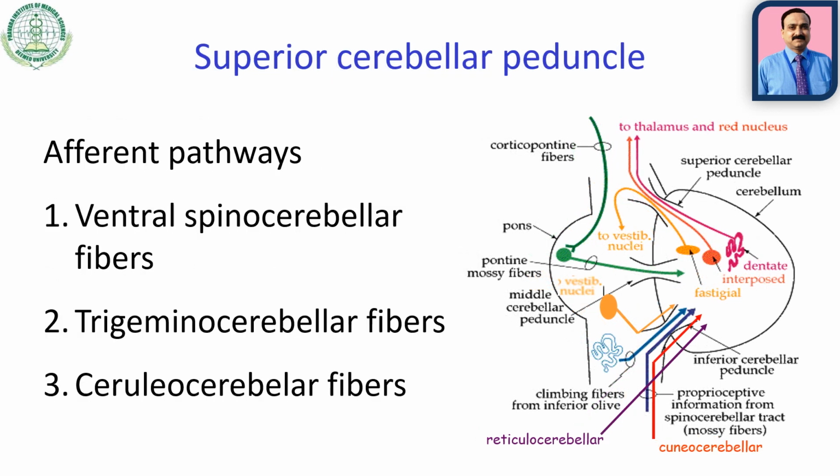The afferent pathways present in the superior cerebellar peduncle are ventral spinocerebellar fibers, trigeminocerebellar fibers, and cerebellocerebellar fibers. These are afferent, meaning they are coming towards the cerebellum.